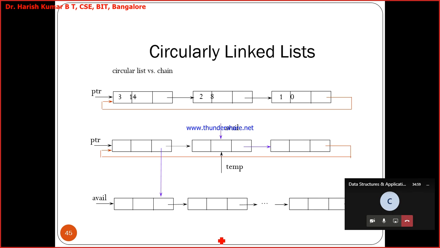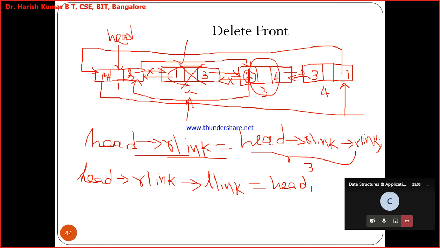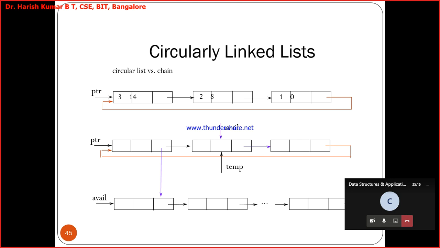Now, next is the circular linked list. Since you have already understood the doubly linked list and its concepts, and you know how to delete and insert at the various positions, the circular linked list is not at all a difficult thing. It's very easy. The only thing is two-way movement is not possible. Observe here.